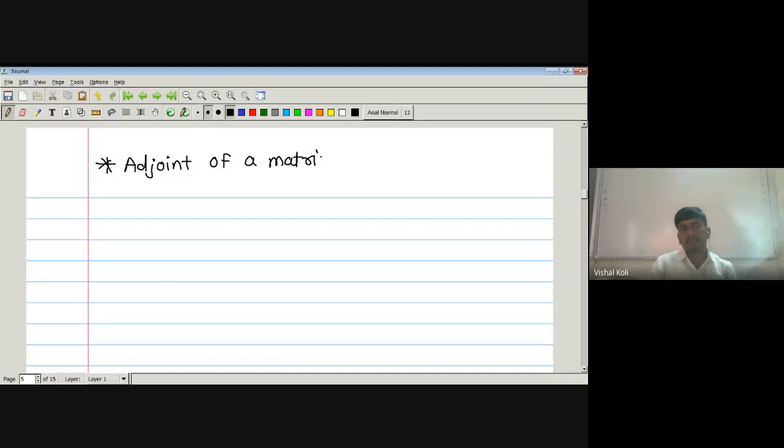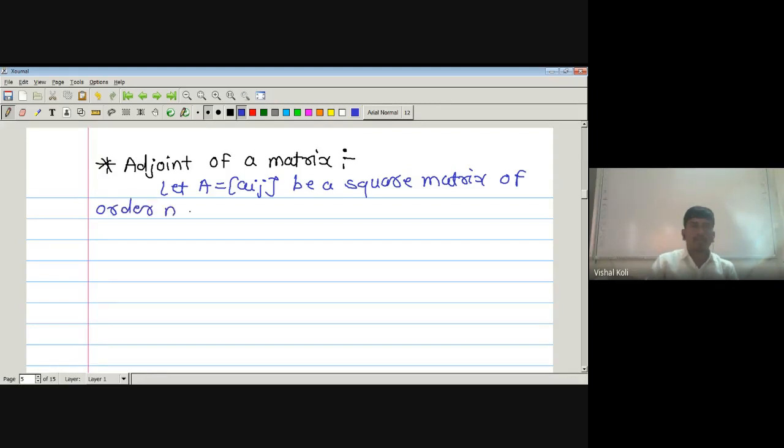Matrix. Definition. Let A equal to [aij] be a square matrix of order n, and capital Aij is the cofactor of the element small aij.